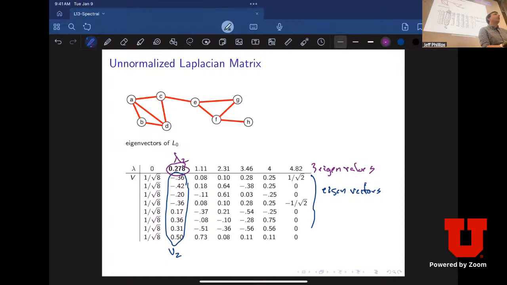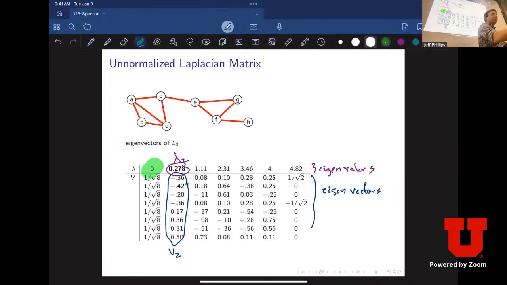Okay, and a couple things to look at here, and I'm not going to derive all this. I'll just tell you how to look at this. The first eigenvector here, the first column, seems not very helpful somehow. The eigenvalue will always be 0, right? So this is always 0.